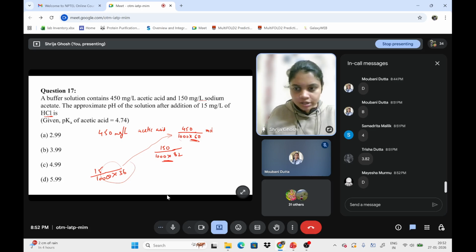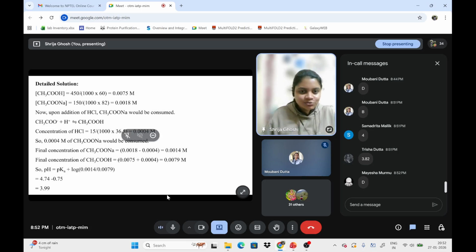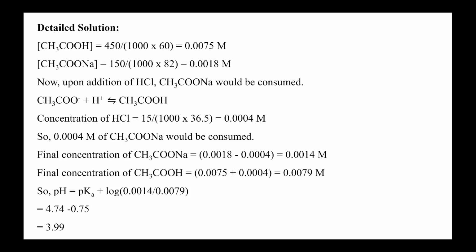Maisha, the correct answer is option B. So you also check your calculation once. I'll open this solution slide. All of you go through this and check your own calculation, and see if you can point out the mistakes you are making.